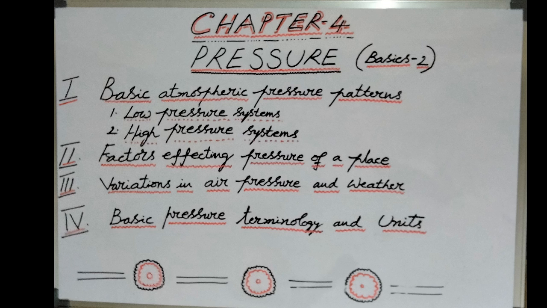So, if you see some clouds and slight drizzling, your area is a low pressure area as compared to an area maybe 40, 50 or 60 kilometers away. This is the relation between pressure and weather.